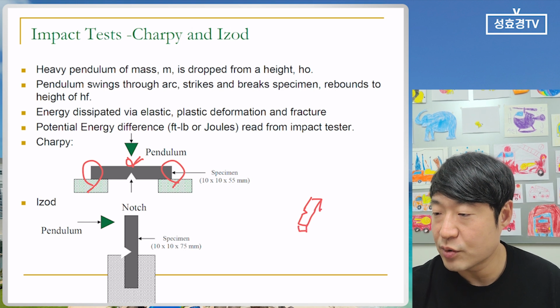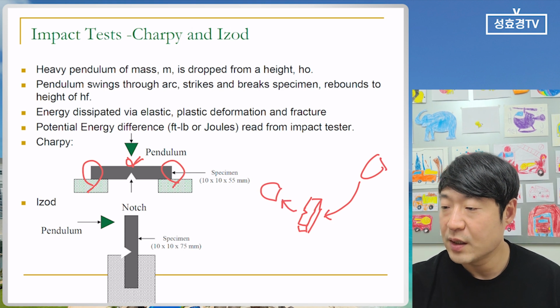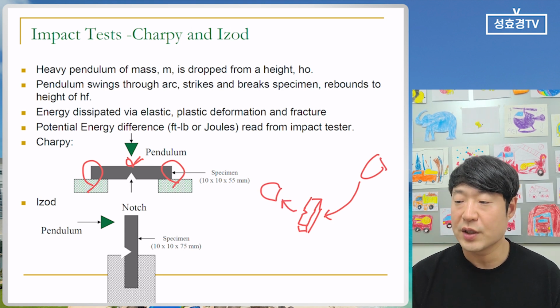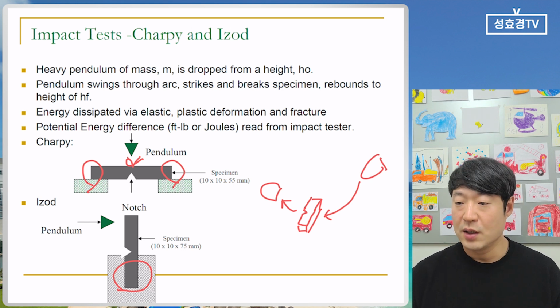The specimen was located like that. The hammer hits this part, and the hammer goes this way. That is the Charpy impact properties. And then in the Izod test, only one part is fixed. So it depends on the specimen's morphology or size or other things like that.